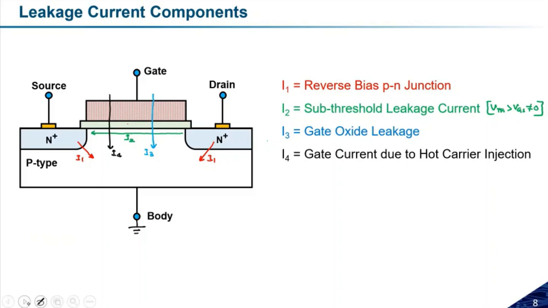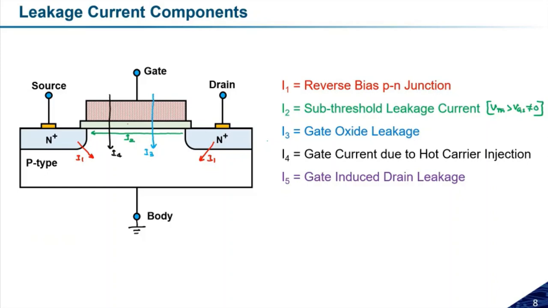Now the fifth current, let us talk about the fifth current. The fifth current is gate induced drain leakage. What is that? If a large negative gate bias is applied, then some of the minority charge carriers will start moving between the channel and the substrate region.